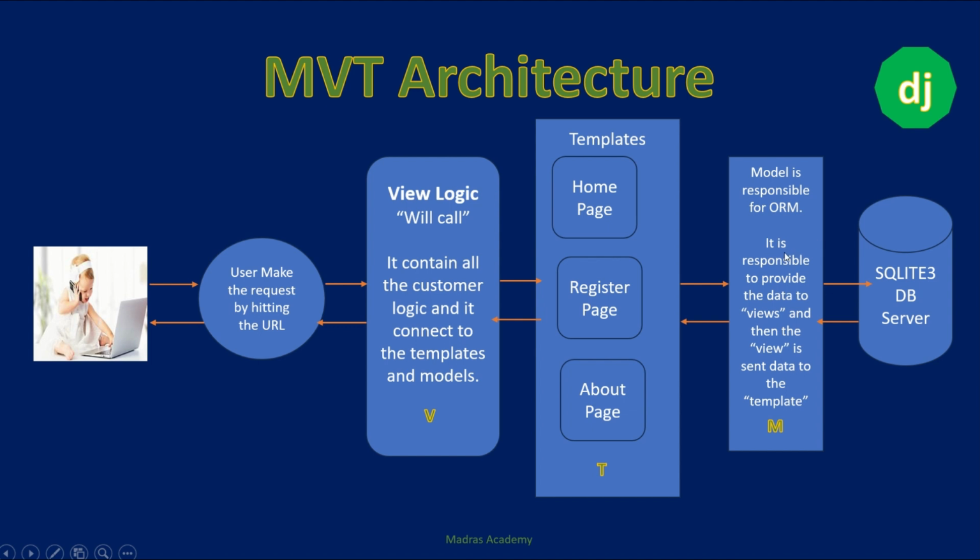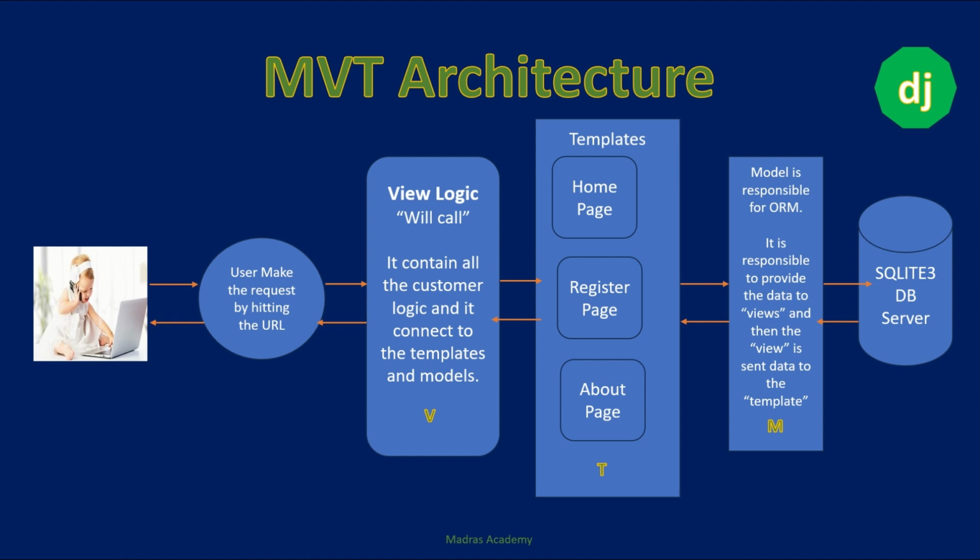The model is responsible for providing the data to the view, and then the view sends the data to the template. So whether the registration process is done successfully, the model will send the data, such as successfully registered, or any other message, or we redirect to the login page.